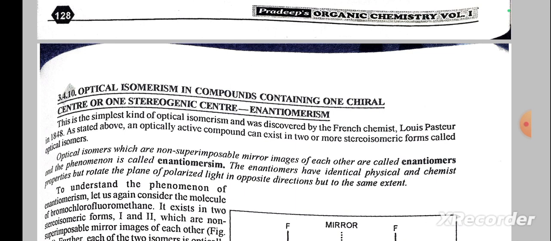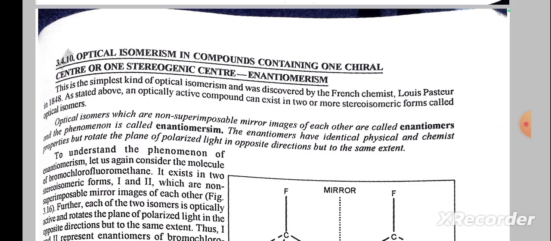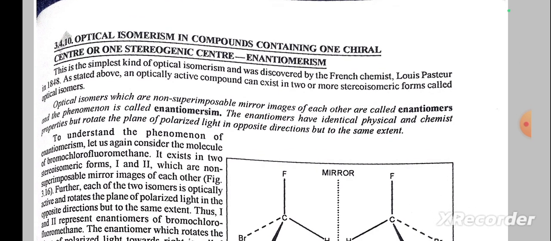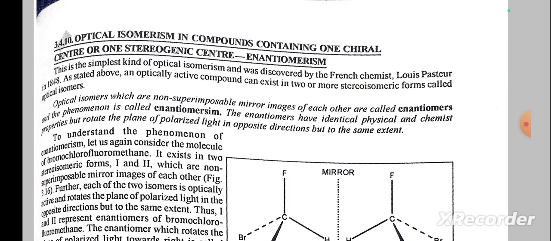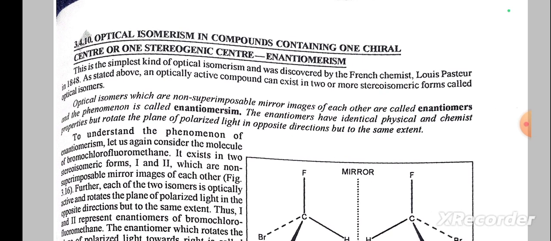As stated above, an optically active compound can exist in two or more stereoisomeric forms called optical isomers. Optical isomers which are non-superimposable mirror images of each other are called enantiomers, and the phenomenon is called enantiomerism. Enantiomers have identical physical and chemical properties but rotate the plane of polarized light in opposite directions, but to the same extent.